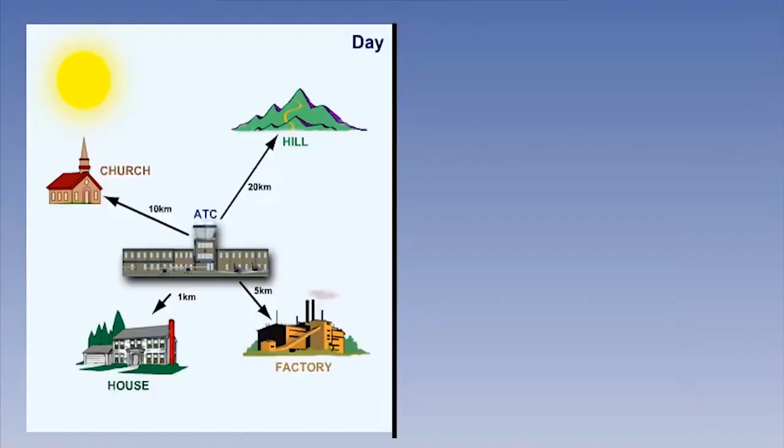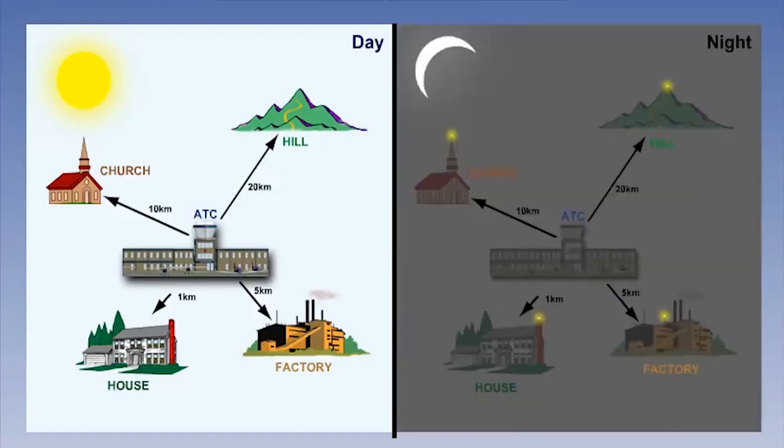By day, reference will be made to suitable objects at known distances from the observing point, perhaps a hill or a building such as a church or a factory chimney. By night it is more difficult, but the observer will use lights, a glow from an urban area, or perhaps an outline of a hill to distinguish the visibility.